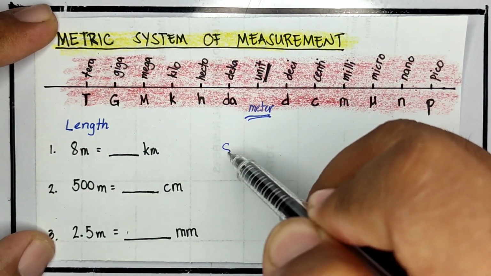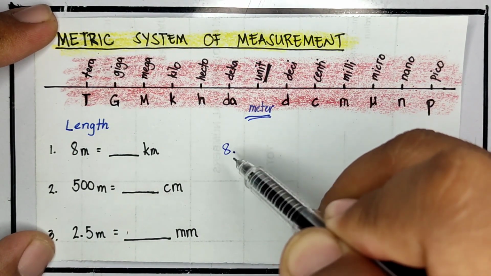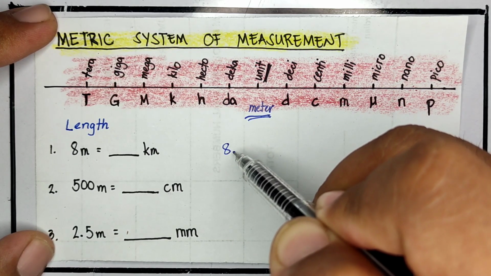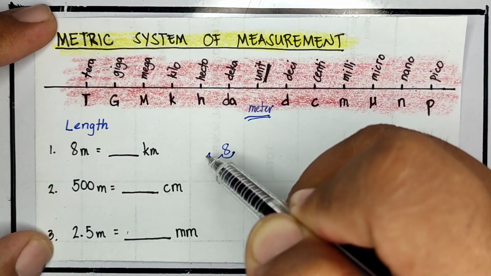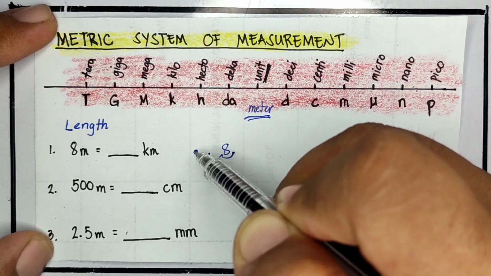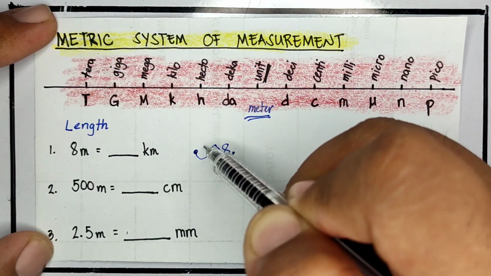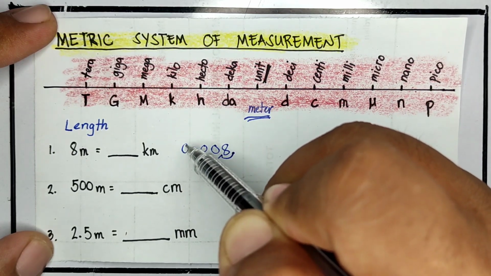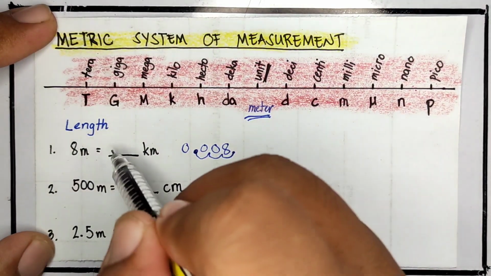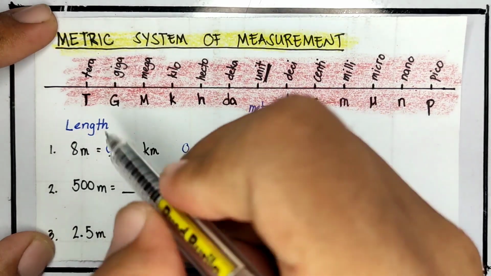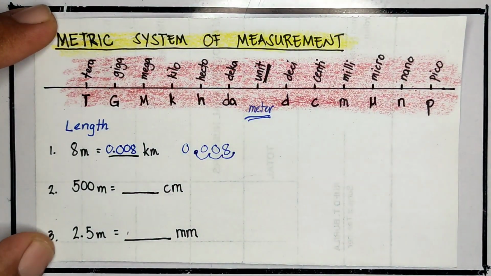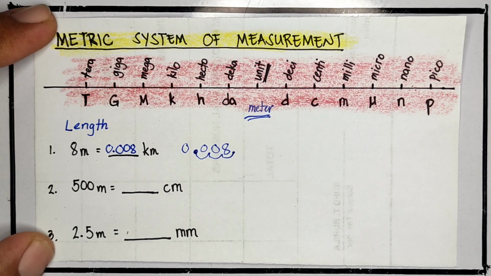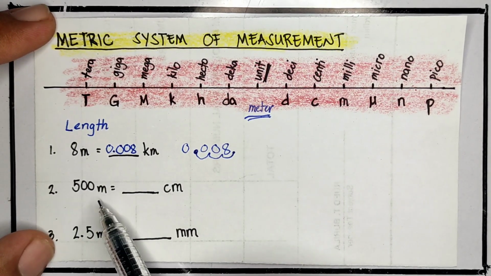We have here 8. The decimal point is here. We will move it 3 times: 1, 2, 3. The decimal point is here. Then these are 0, 0, and 0. That is simply 0.008 kilometers.